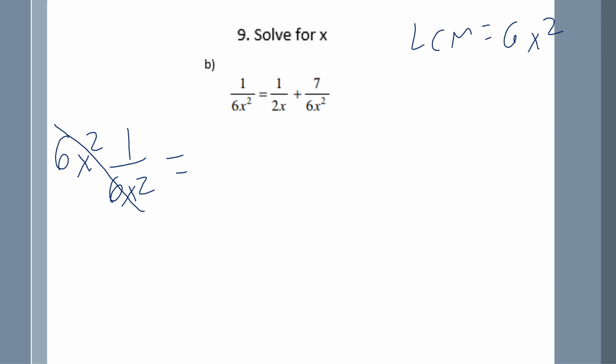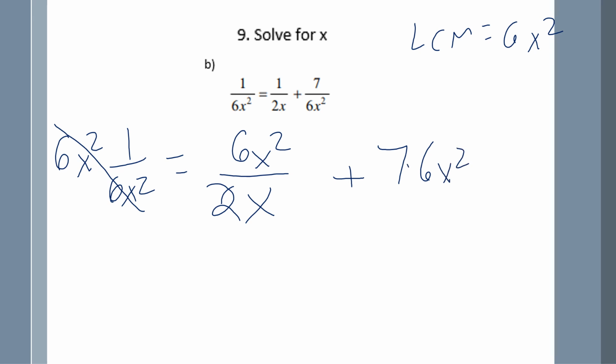However, 6x squared over 2x plus 7 times 6x squared over 6x squared, that cancels out too.